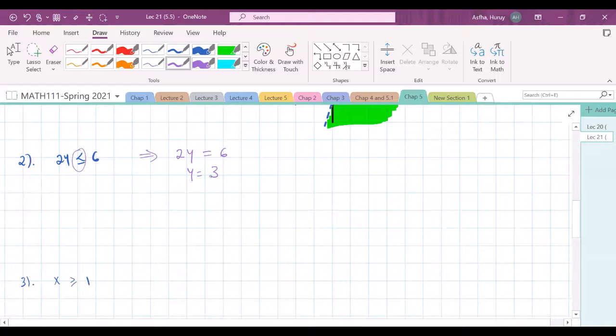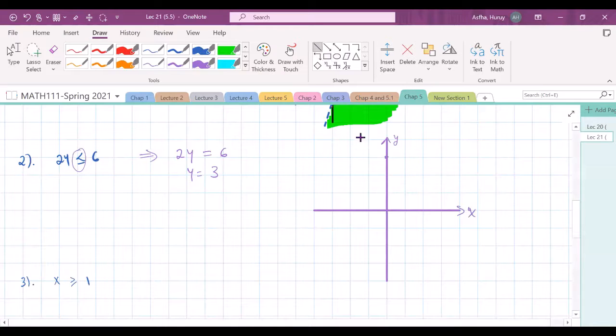So here we have y = 3. If I draw y and x axes, y = 3 is this point.